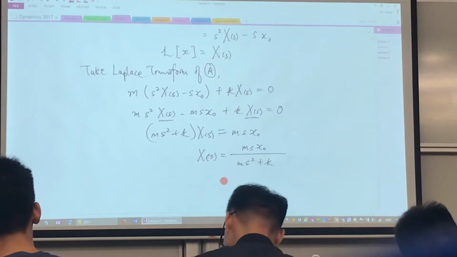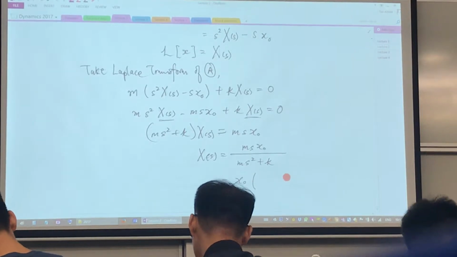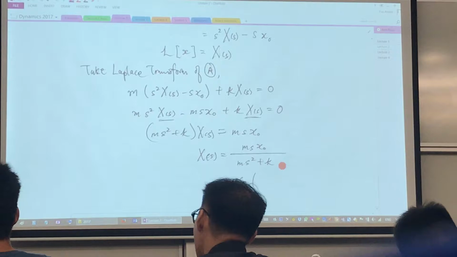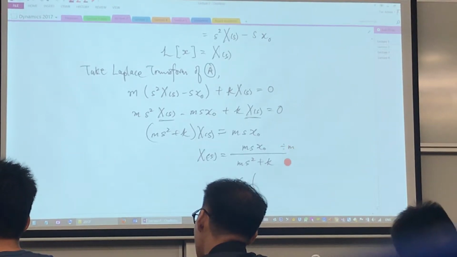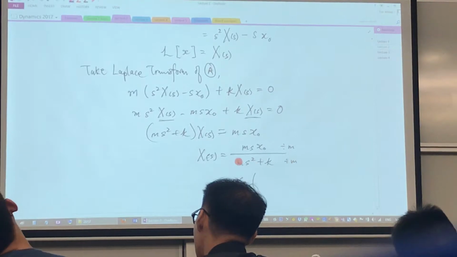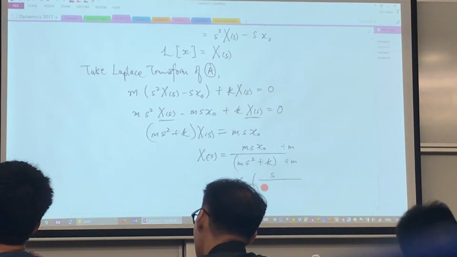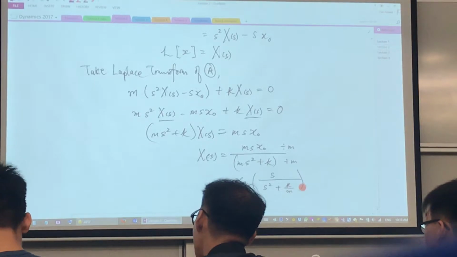So I'll bring out this constant x naught and then divide the numerator and denominator by m. So divide this by m, divide this whole thing by m. Then I get s over s squared plus k over m.